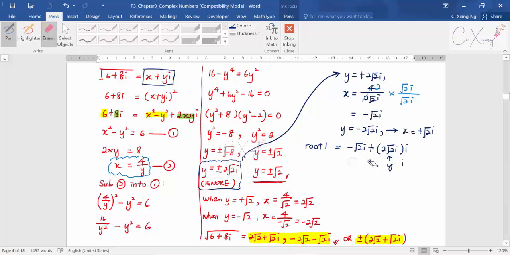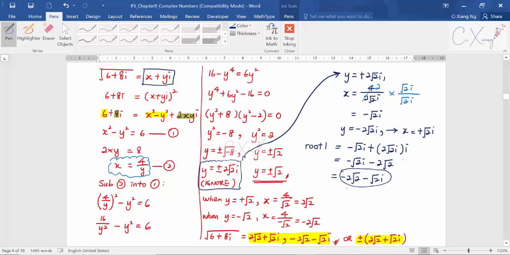And then to get the final answer for root 1, you need to simplify it, right? So for this part, if you simplify it, you are having negative 2 square root 2. If you rewrite again, you're having negative 2 square root 2 minus square root 2i. So this is one of the answers for the square root of 6 plus 8i.